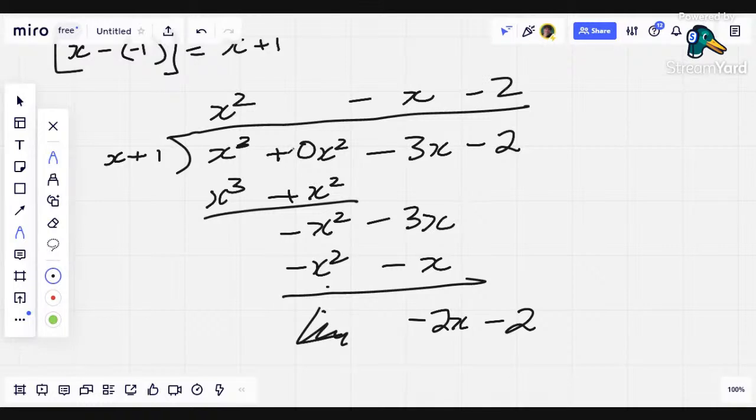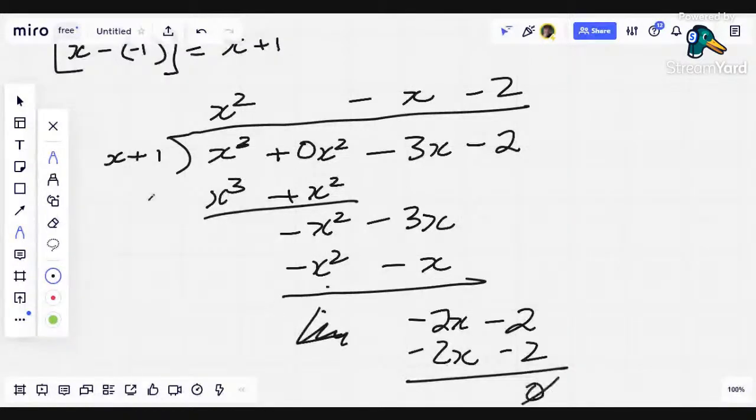Minus 2 times x is minus 2x. Minus 2 times 1 is minus 2. Subtract, and we get 0. That's perfect, which is what we expected because we had determined already that x plus 1 was a factor.